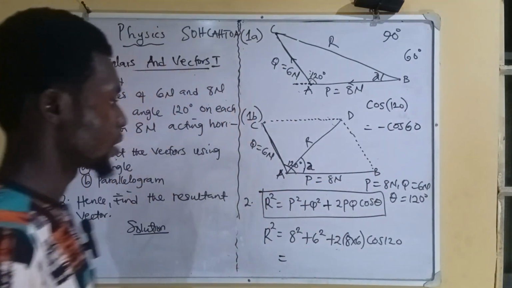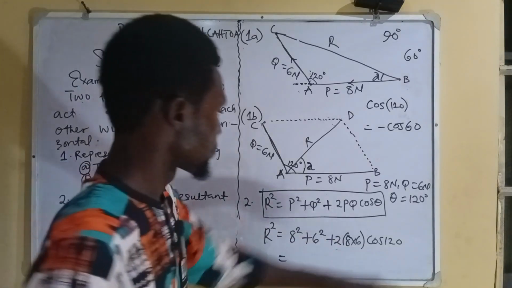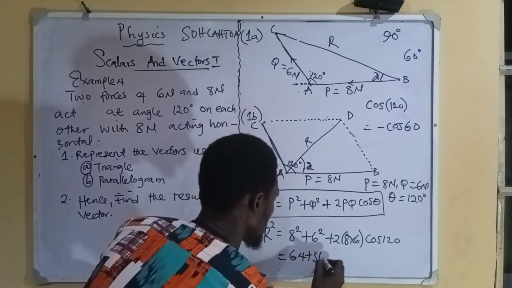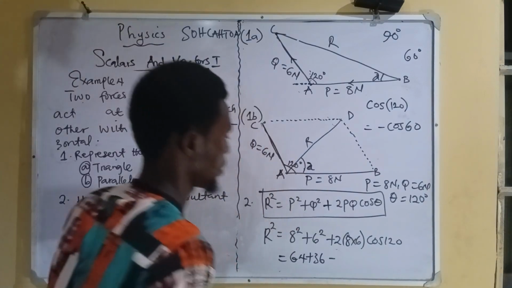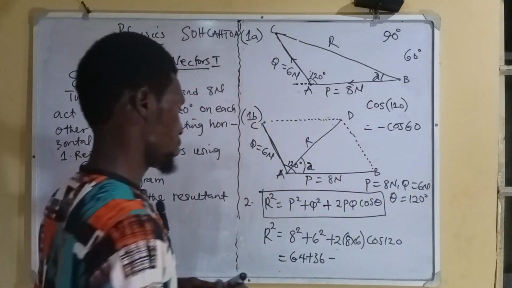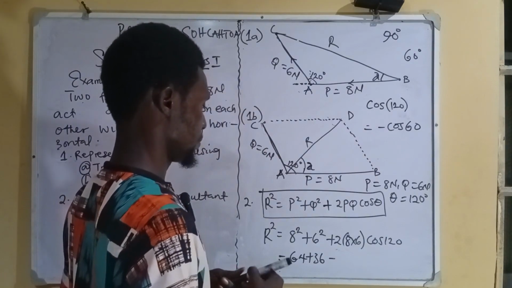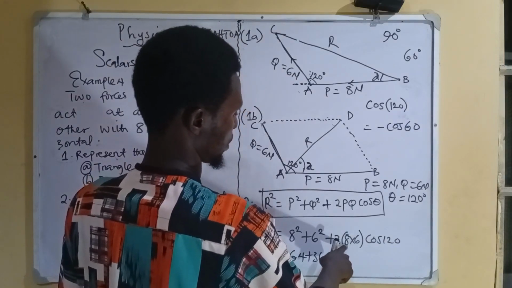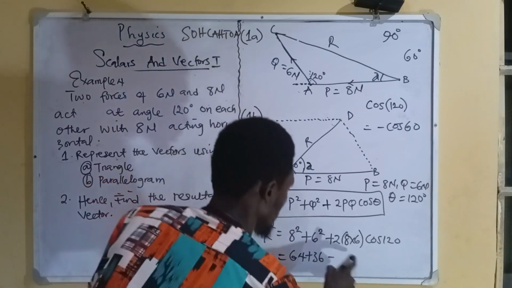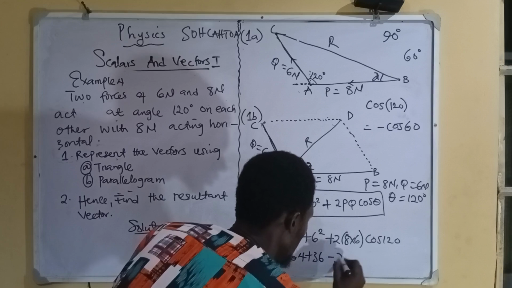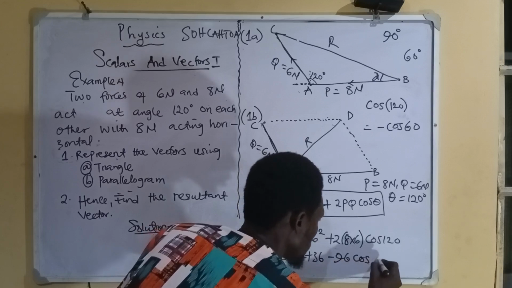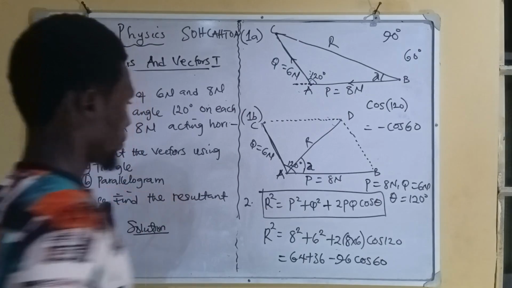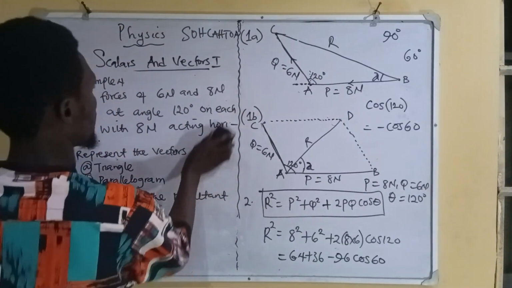So this becomes 64 plus 36 minus 96 cos 60, since 48 times 2 is 96.